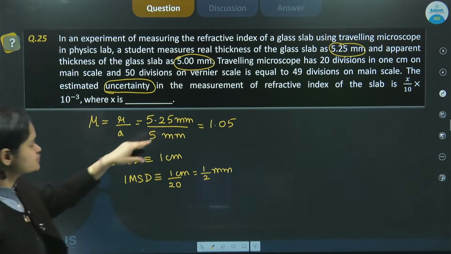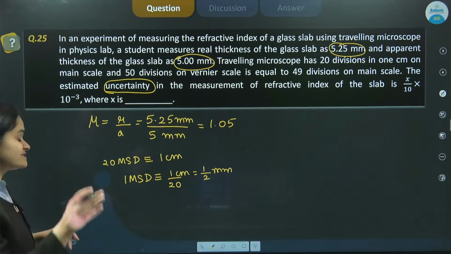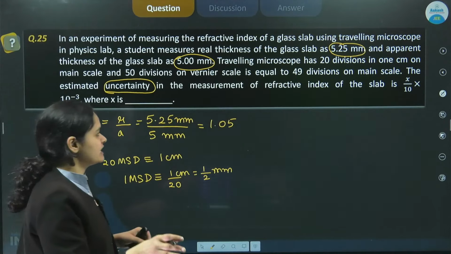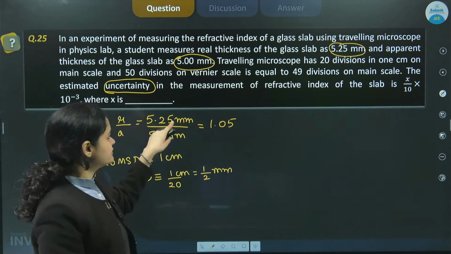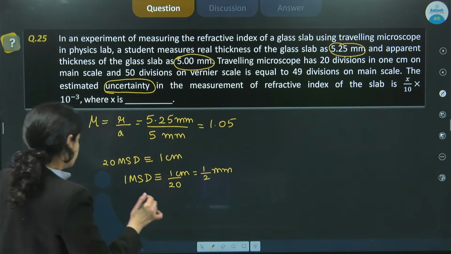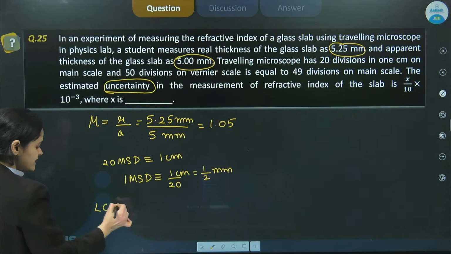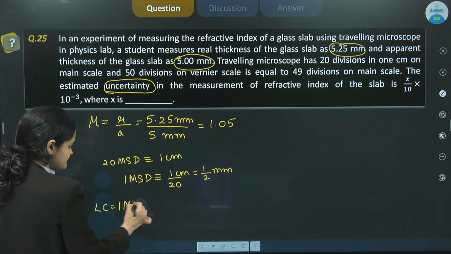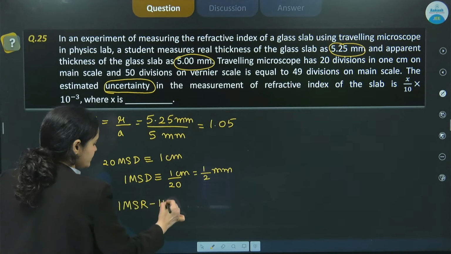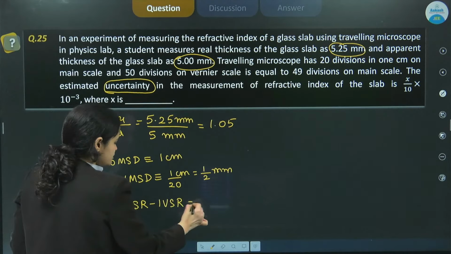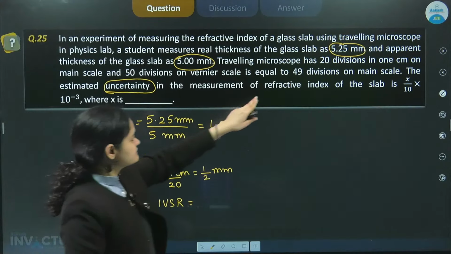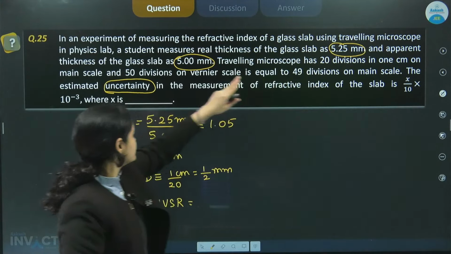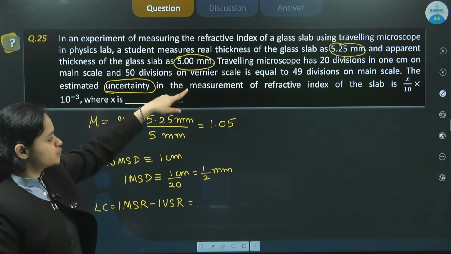We want this because we want to find out the least count, because that least count will be the error in calculation of the apparent depth and the real depth. Alright. So, least count of vernier caliper can be written as 1 main scale reading minus 1 vernier scale reading. Alright. So, for this, it has been given 49 divisions on main scale are coinciding with 50 divisions on vernier scale.